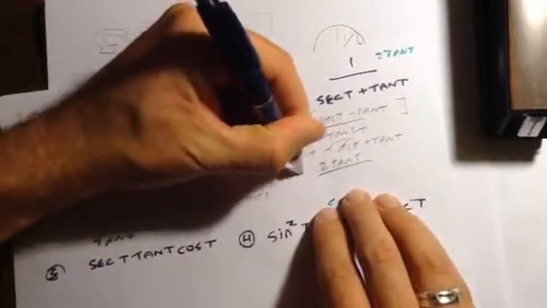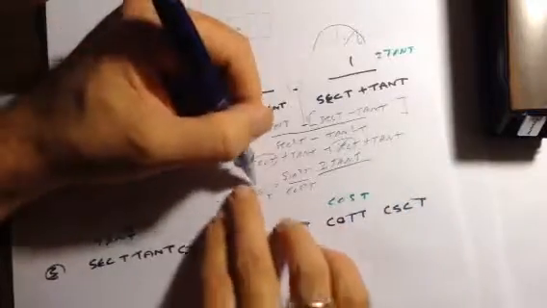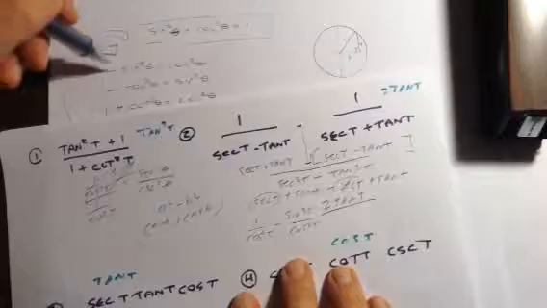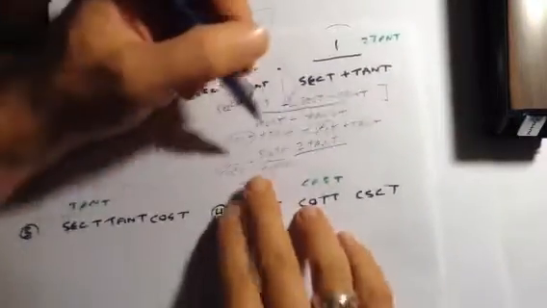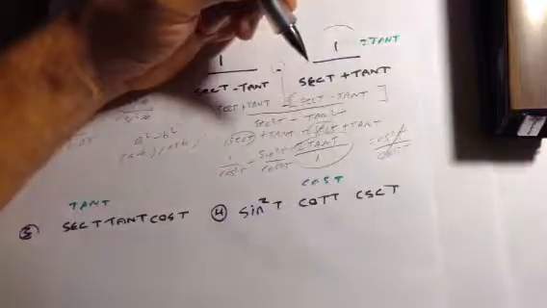So now I have sine squared t over cosine squared t. Well, that obviously gives me 1 minus sine squared t, and if I look real quick again, well, 1 minus, isn't that cosine squared theta, or t? So this quantity right here gives me cosine squared t all over my common of cosine squared t, and that gives me 1. Well, that gives me 1, and that reduces to be 2 tan t.